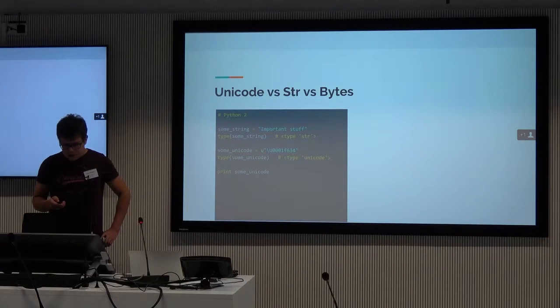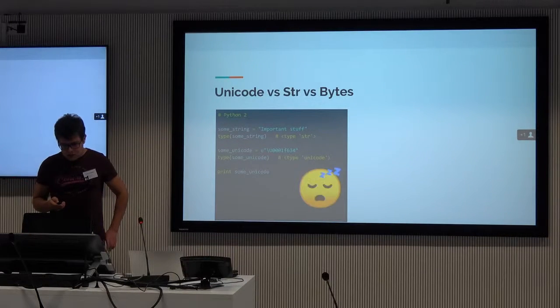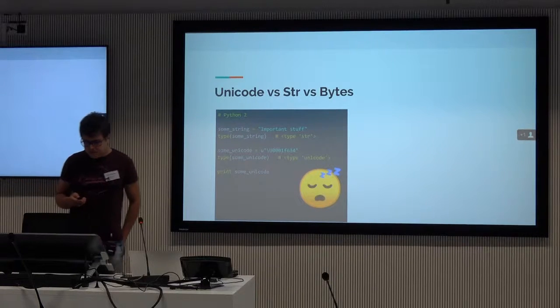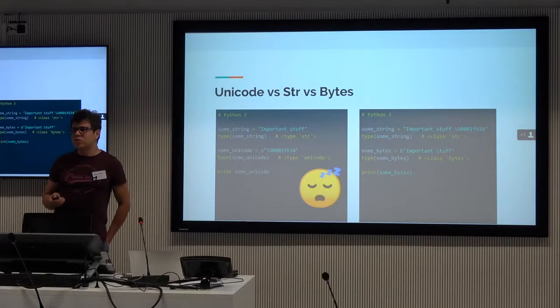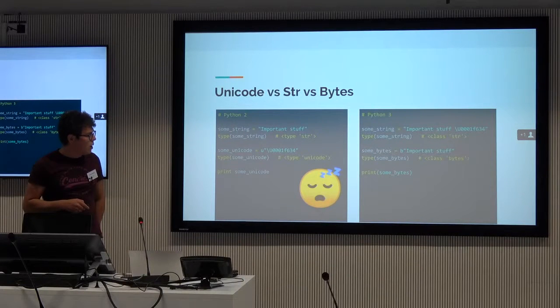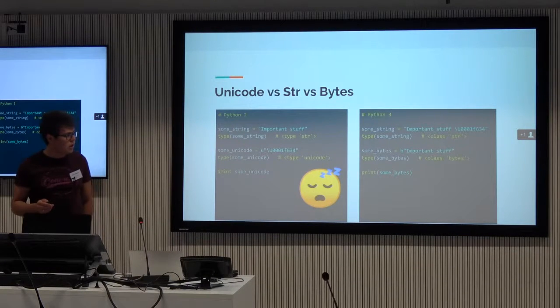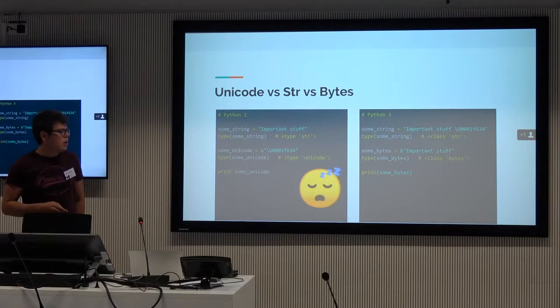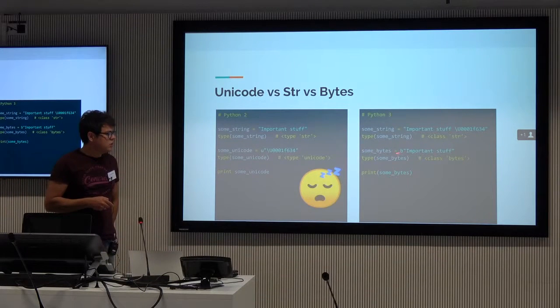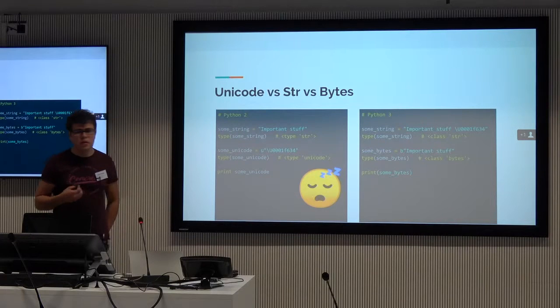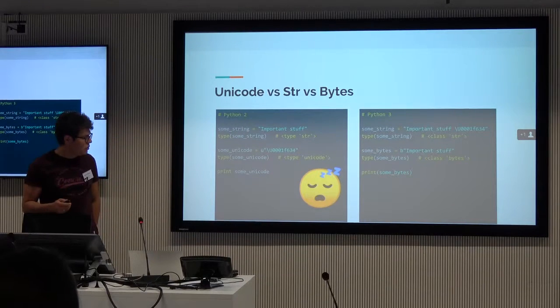The only thing that you need to know is that you need to be conscious about when you're using a byte string and when you're using a string. The Unicode string is the string by default, while if you want a set of bytes, you prepend a b and call it bytes.